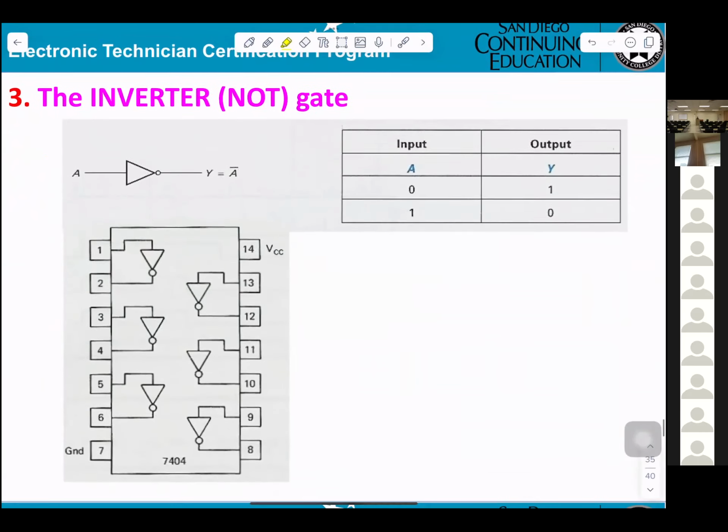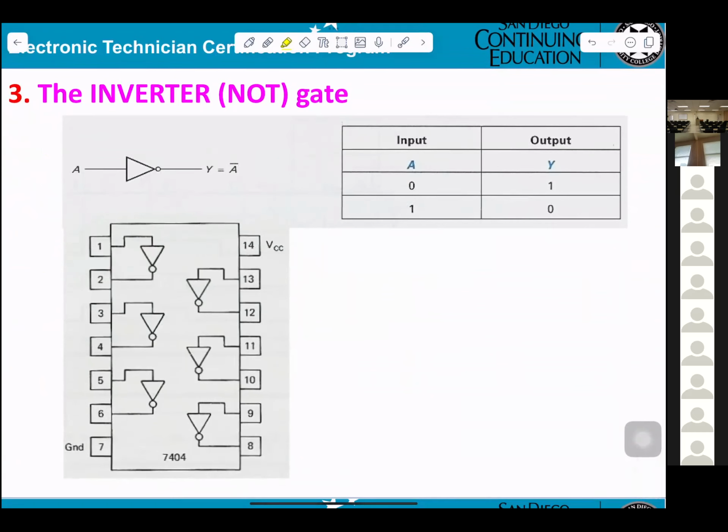Next one, inverter. NOT gate. 7404. How many gates inside? Six. What was the question? How many gates inside 7404? Six. 1, 2, 3, 4, 5, 6. 6 gates inside one IC.